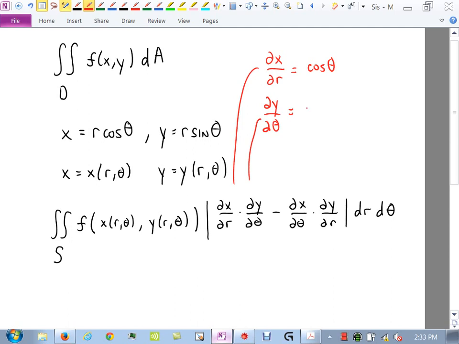So this is r cosine theta. Do you agree? Okay, what's the partial of x with respect to theta? I'm now doing this part right here. Negative r sine theta. And what is the partial of y with respect to r?